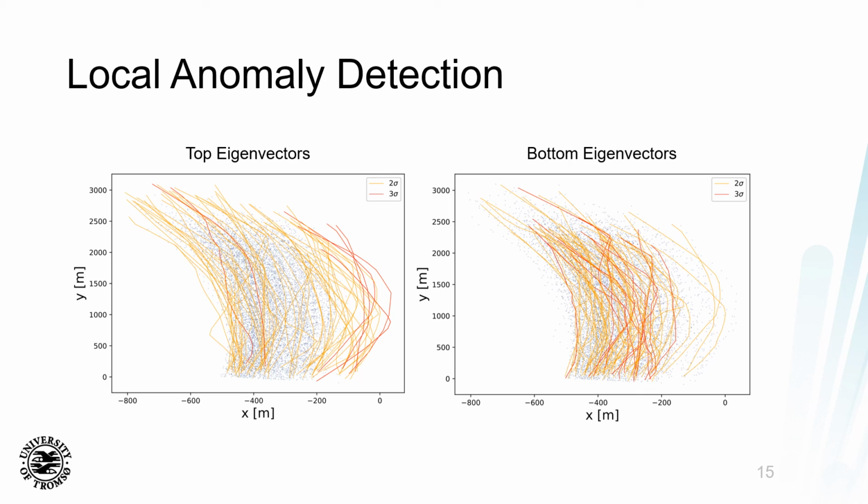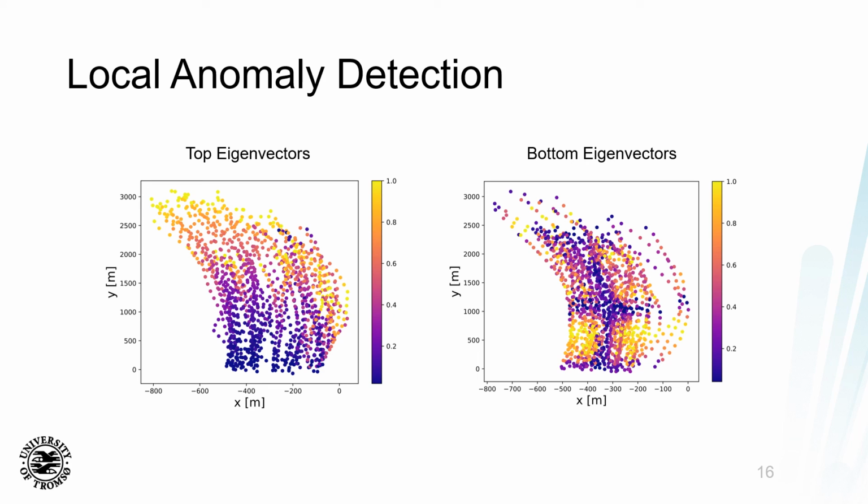The top eigenvectors seem to identify more anomalies with respect to the overall speed and actually the position, where we can see here these anomalies on the right-hand side that significantly deviate in position identified, where with the bottom eigenvectors, we actually are able to discover sort of anomalies with respect to sub-trajectories in the data, where you see more erratic course alterations that are discovered by these. So here we found that it's important to actually look into both the top eigenvectors and bottom eigenvectors, as you're actually able to discover different types of anomalies.